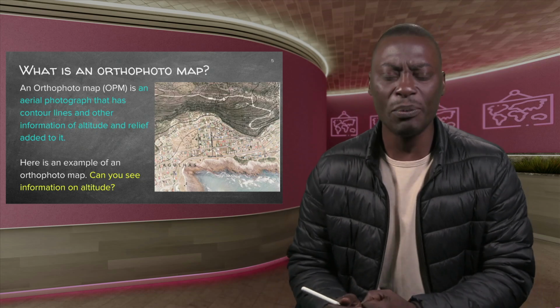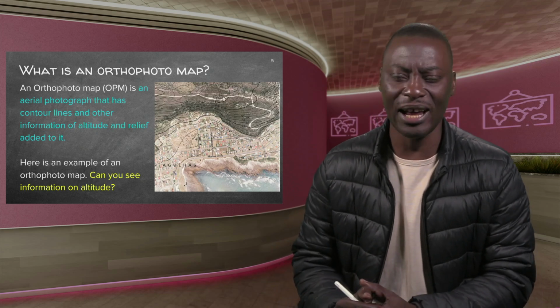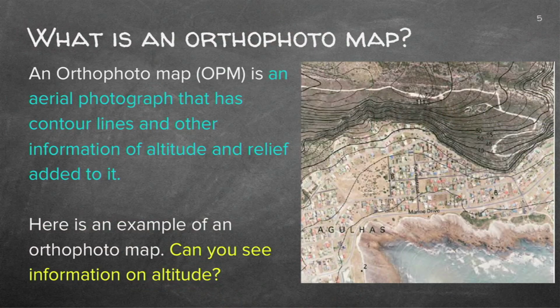So what is the information of altitude and relief that I am talking about? Contour lines. Remember, contour lines are lines that join places of the same altitude. So contour lines are information about the altitude of a place.